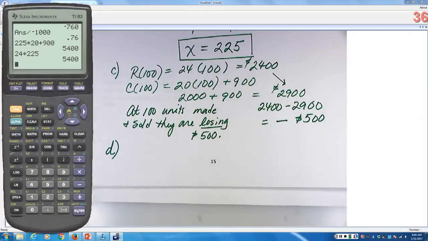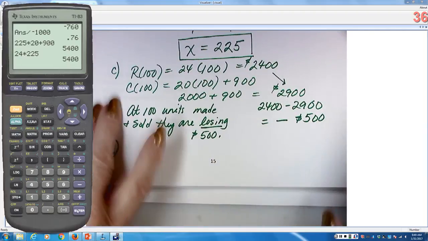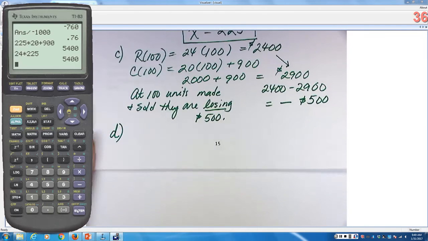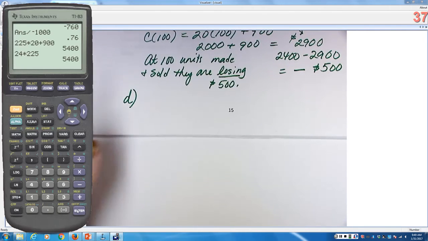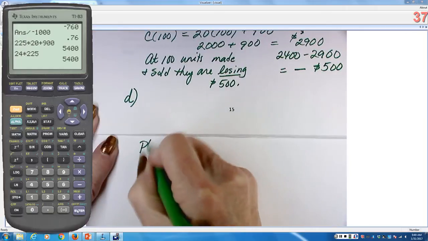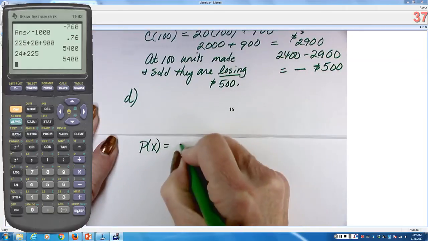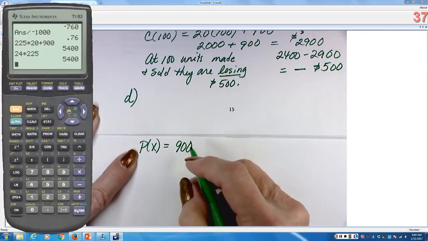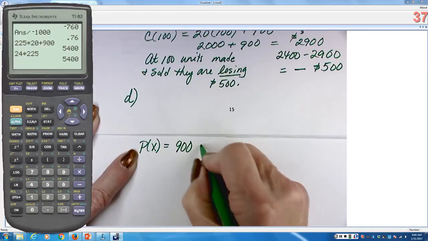So what they want to do is they want to make a profit of $900. And I'm suspecting I'm going to run out of room here, so let me get another piece of paper. They want to make $900. But profit is revenue minus cost.